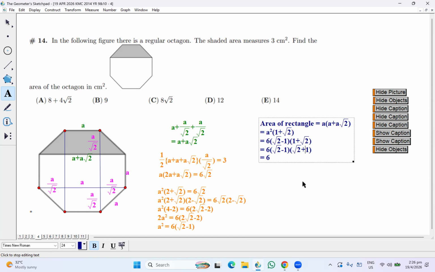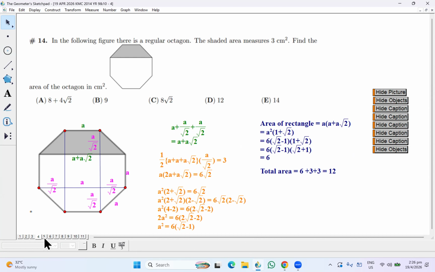So we multiply out, we get 2 minus 1. So 6 times 1 is 6. The rectangle is 6. Trapezium 3 plus 3. So total area 6 plus 3 plus 3 is 12. Okay, maybe you may have used a different partition and get a different kind of calculation.